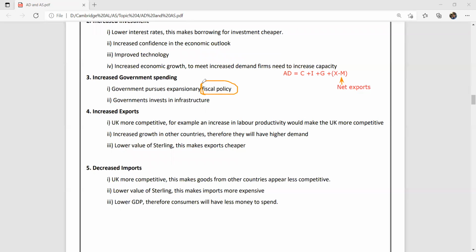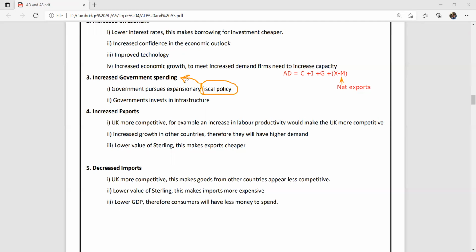Government spending is formulated, in other words, planned by a fiscal policy, simply the government's budget. Fiscal policy is the technical term. Budget is a common word we come across.